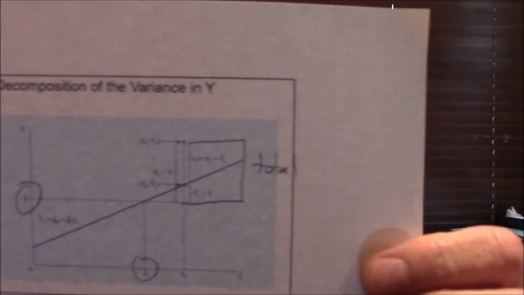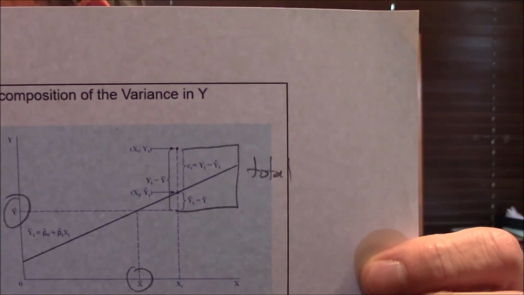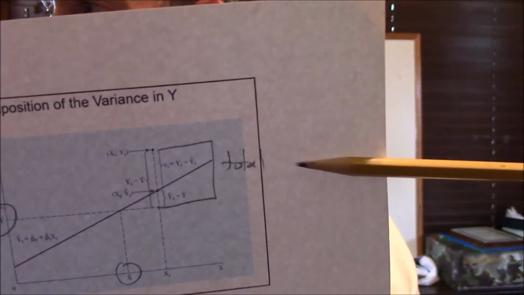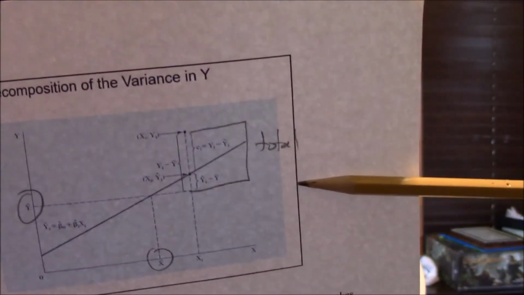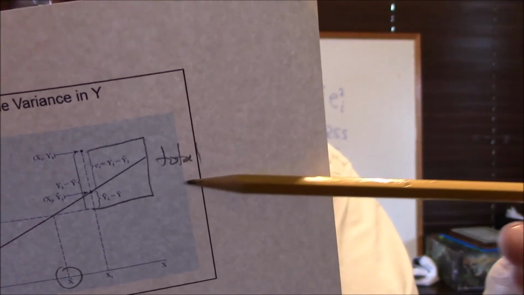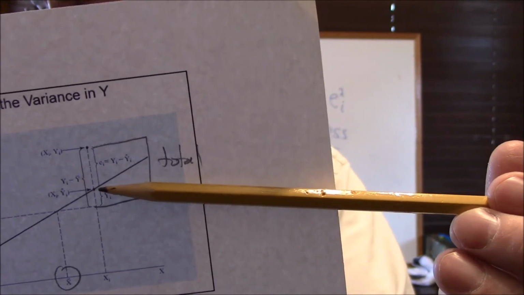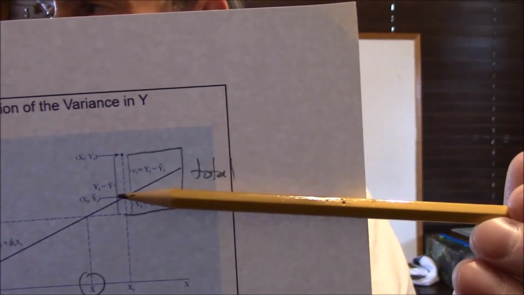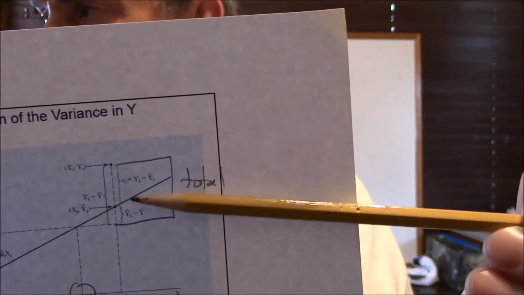That entire vertical line segment here is what needs to be explained. Here was the average y. Here's this observation. Why wasn't it that number? Well, because the regression line says, yeah, you're going to have a higher than average y, but only this much higher. That much was left over.